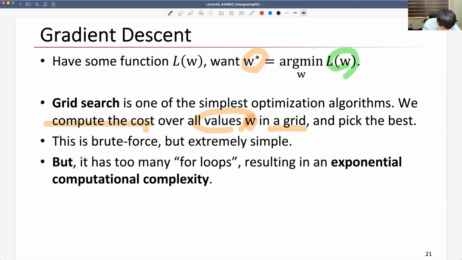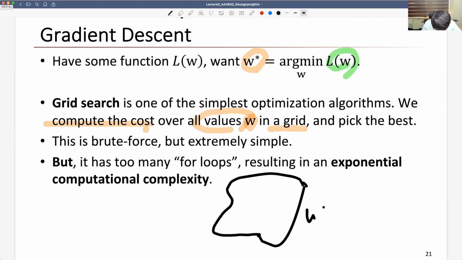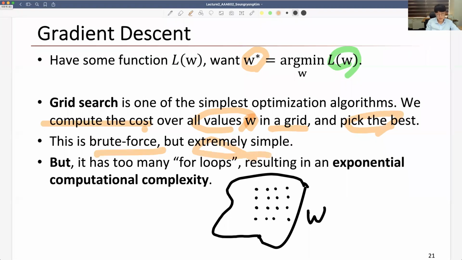For example, let's say the possible W space looks like this. Then we can sample the possible points here in a grid, and then we can just pick the best, right? This is very brute force, but extremely simple, right?